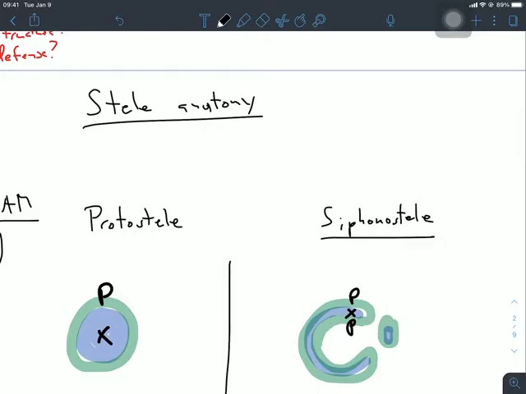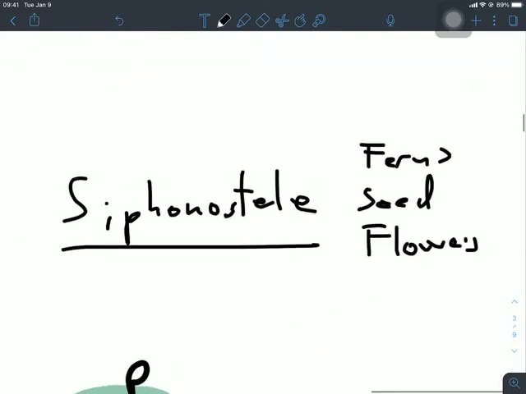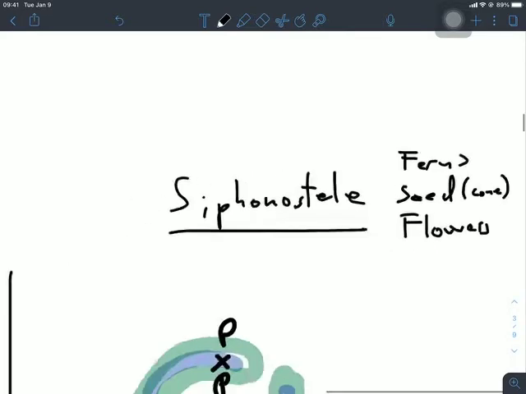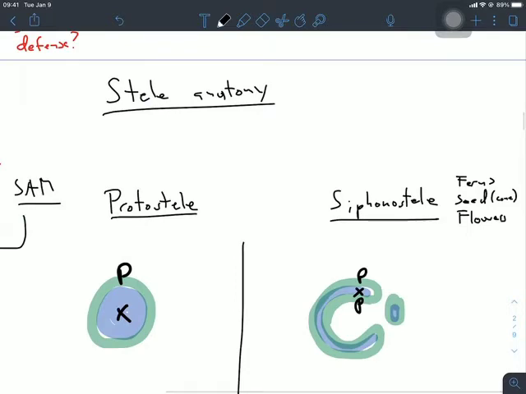So siphonosteles are steles that we find within ferns, our seed-bearing plants, and our flower-bearing plants. Flower-bearing plants, of course, have seeds, but I oftentimes use seed-bearing plants to refer to our cone-bearing plants. So siphonosteles are what we see in ferns, gymnosperms, and angiosperms.